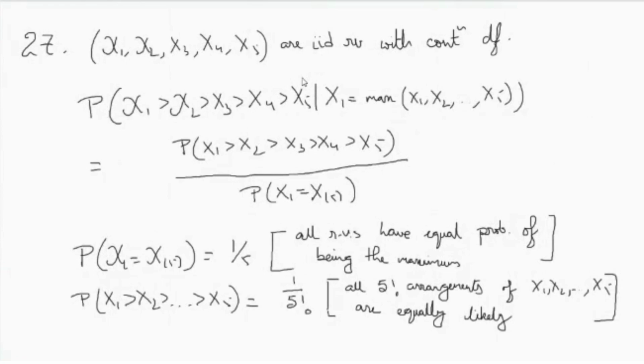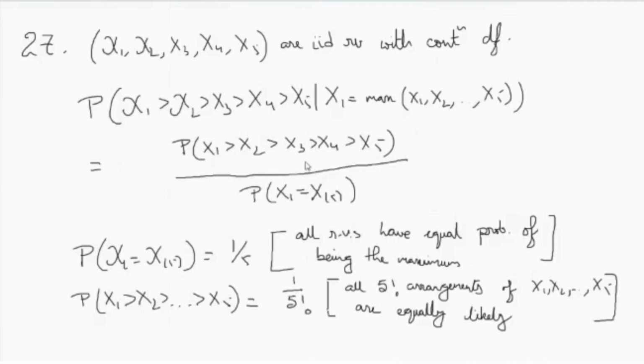Now, by the rule of conditional probability, we know that this can be written as the probability that X1 is greater than X2 greater than X3 greater than X4 greater than X5, comma X1 is the maximum, divided by the probability that X1 is the maximum. And X order 5 is simply the max. It's a notation. It means that X1 is the maximum of these 5 elements.